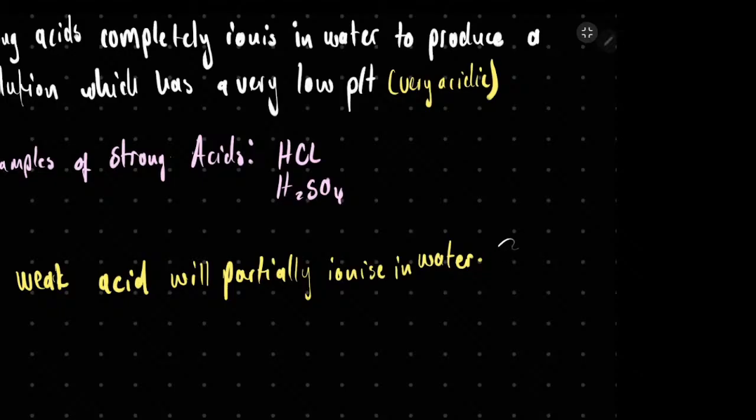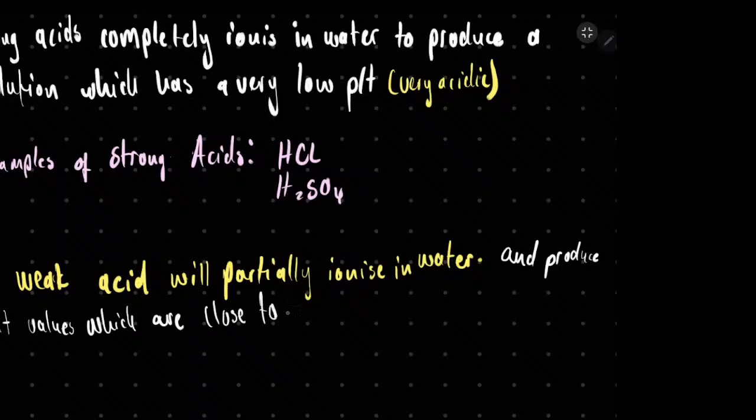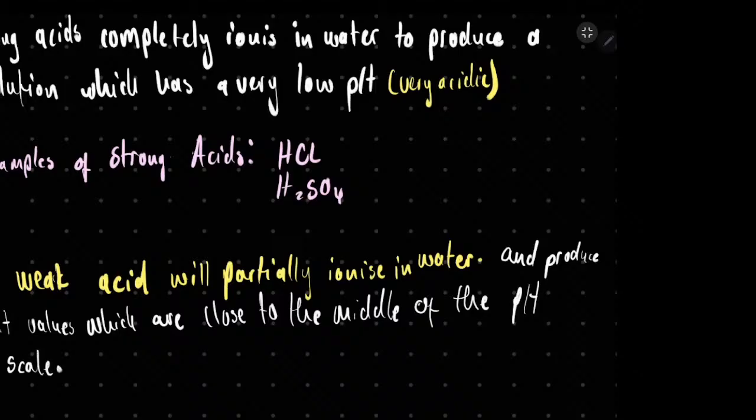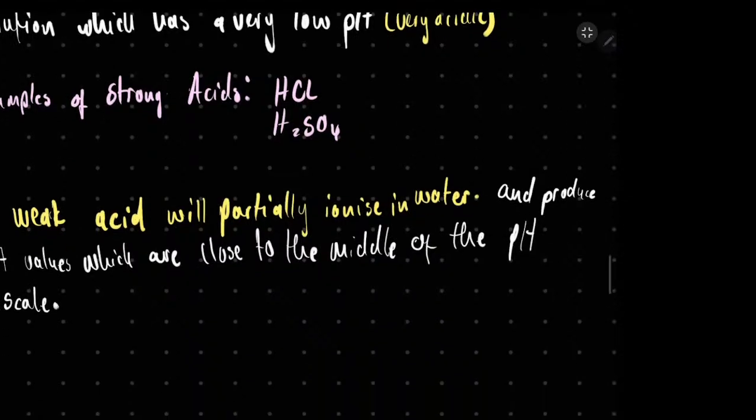So weak acids partially ionize in water and produce pH values which are closer to the middle of the pH scale, closer to 7. That's the middle.